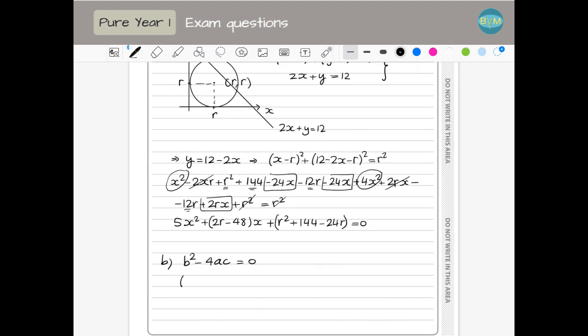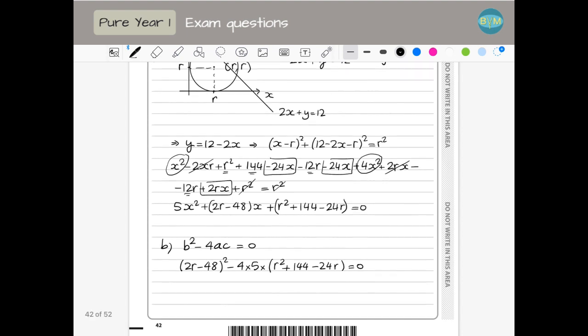The discriminant is b squared, so (2r minus 48) squared, minus 4 times a, which is 5, times all that bracket. I'm going to make this equal to 0 and solve the equation. It's a quadratic in r, so I will have two solutions.